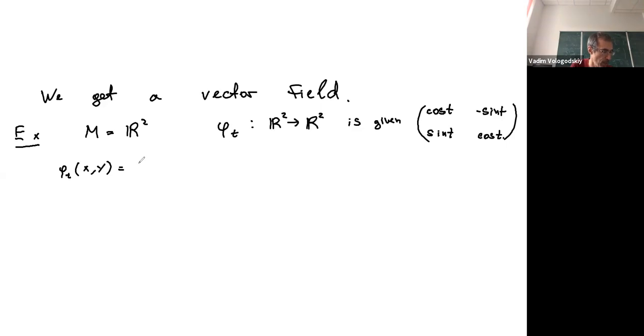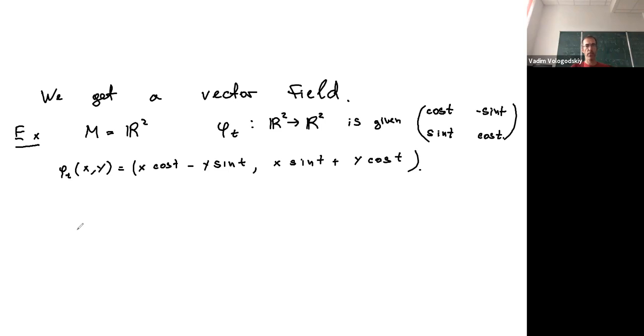It's going to be the point x cosine t minus y sine t, and now the second coordinate is going to be x sine t plus y cosine t.